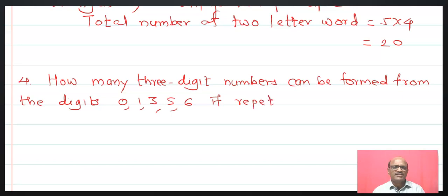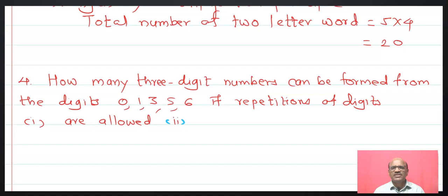Now how many digits are there? 5 digits are there, and we require to form a 3-digit number. 3 अंकी संख्या बनवायची आणि खाली दिलेले अंक किती आहेत तर 5 आहेत. 0, 1, 3, 5, 6. We want to form the 3-digit number if the repetition of the digits is allowed, and if the repetition is not allowed.